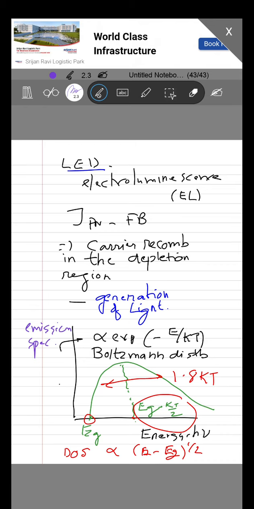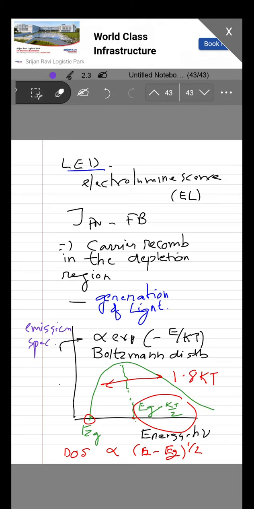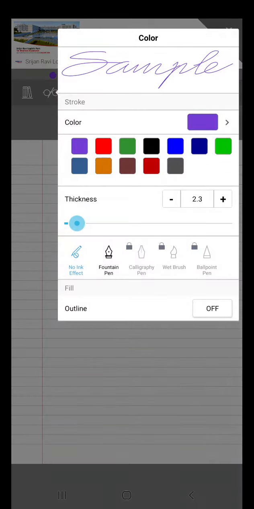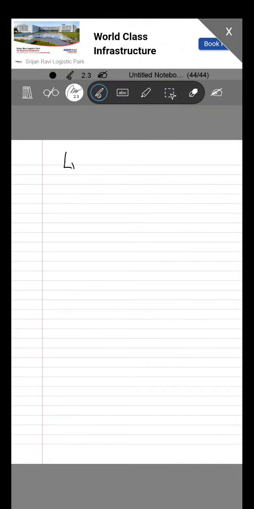So the line width, how we have achieved this, the line width for this spectrum is delta lambda. We need to find that out. We know that lambda is equal to hc by Eg.